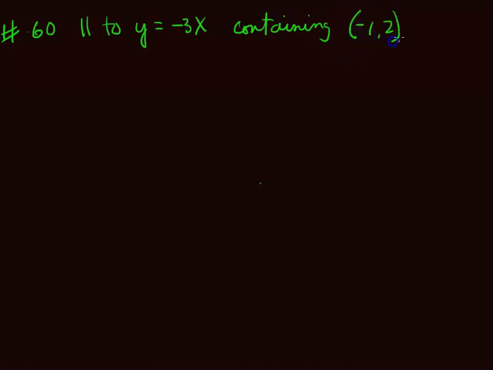Number 60. I want to find the equation of a line parallel to y equals negative 3x containing the point (-1, 2).